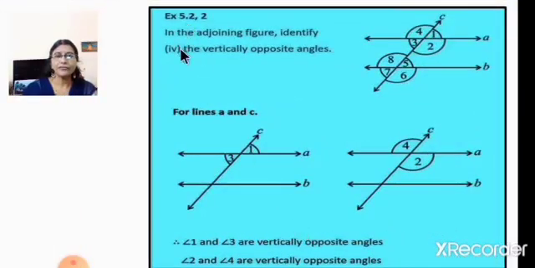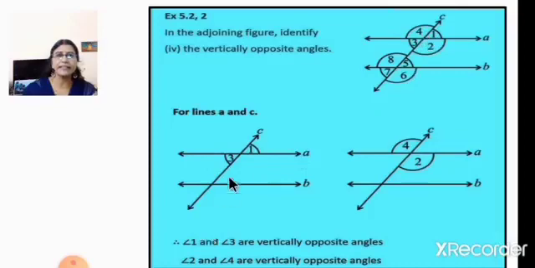Now the fourth part, the vertically opposite angles. Here you can see the same figure is given. You have to just find out vertically opposite angles. You can easily tell that angle 1 and angle 3 are vertically opposite to each other. First we'll see lines A and C. Here these two are vertically opposite angles and these two are vertically opposite angles.